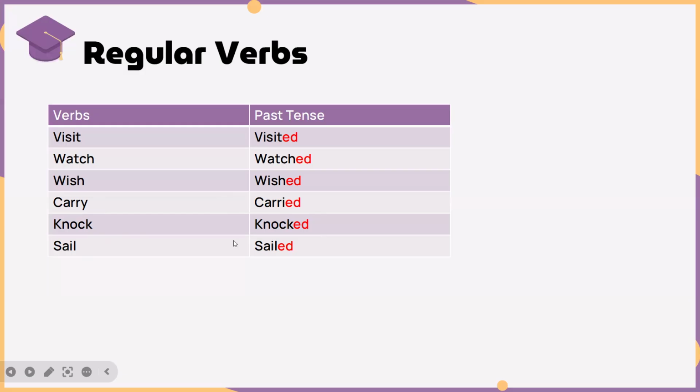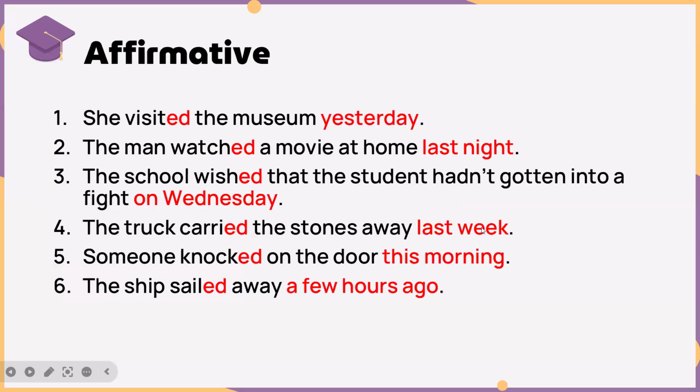Sail, when I put it in the past tense, I get sailed. So if you notice, at the end, you hear this soft t or d, except for the verbs that end in t and d, we have to say ed, visited. Good. So that was just like a quick lesson on the pronunciation.